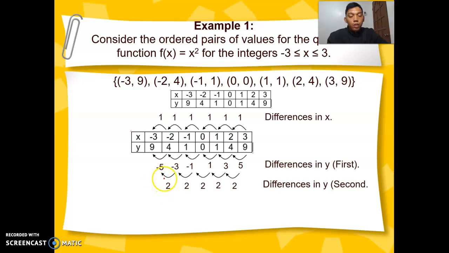If you're given a table, you have to take the differences in the y values, and then the second differences should be the same. Okay?